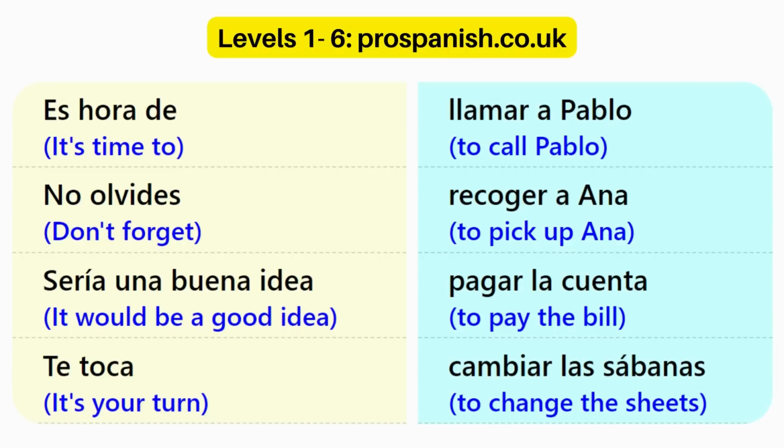If it was to see, which is ver, to see Ana, ver a Ana. To see Pablo, ver a Pablo. So to see to Pablo is how it works.